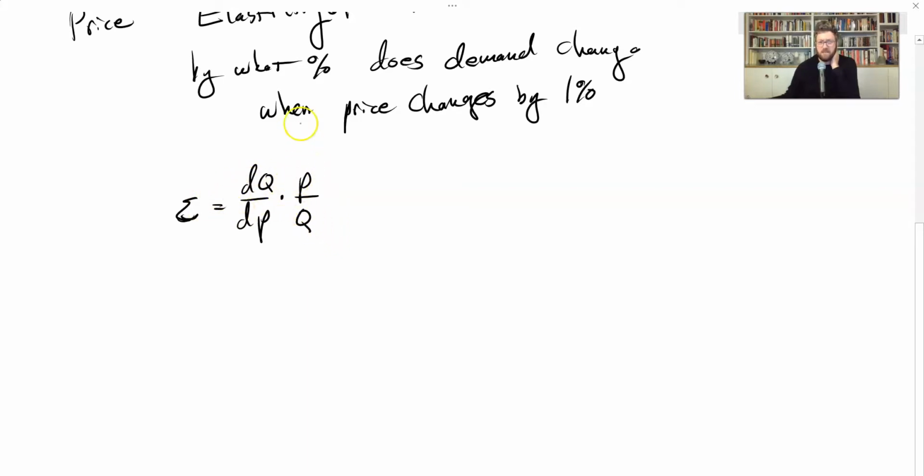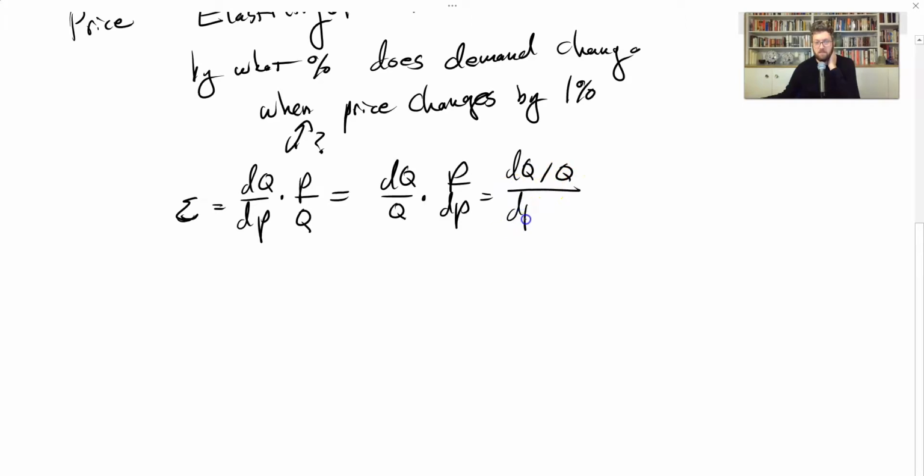Why does this have anything to do with that? Well, let's rearrange it and we'll see. We can rewrite this as dQ divided by Q times P over dP, which we can rewrite as dQ divided by Q divided by dP divided by P.